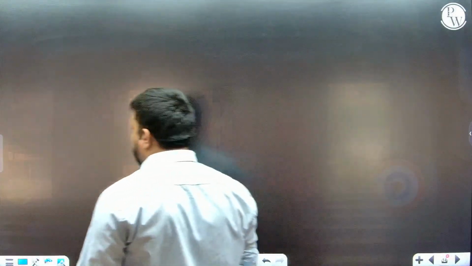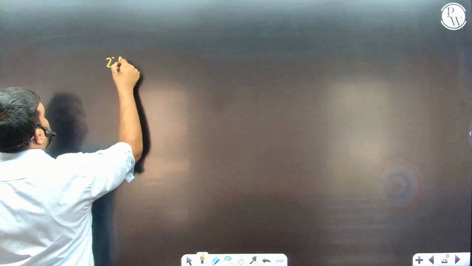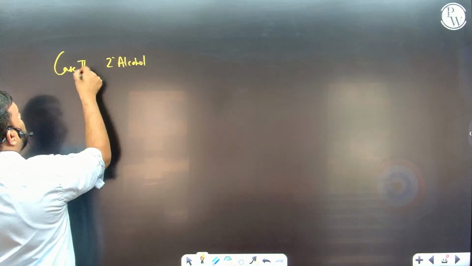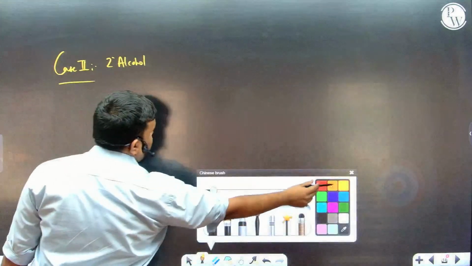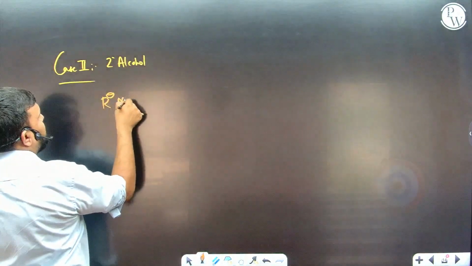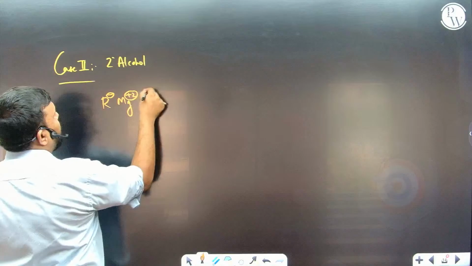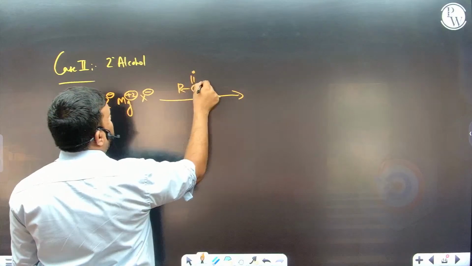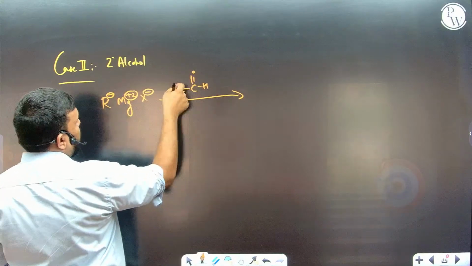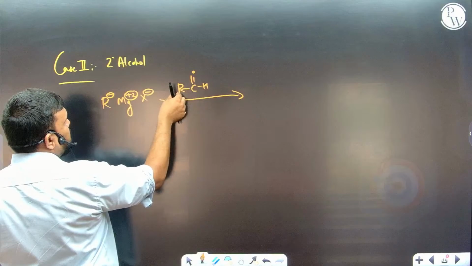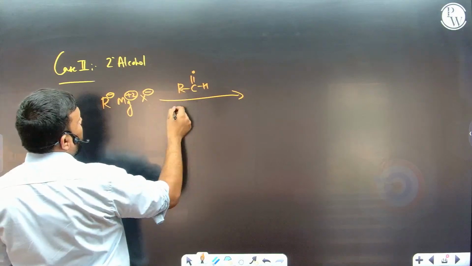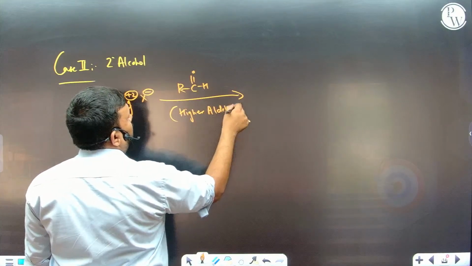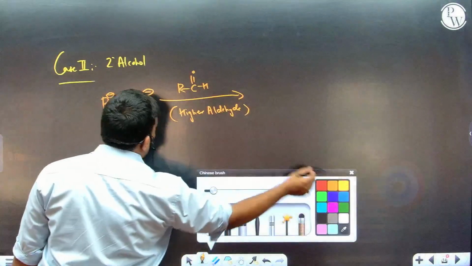Similarly, we can prepare 2 degree alcohol also. For the 2 degree alcohol, case 2, we react the Grignard reagent R-Mg+2X- with, this time, a higher aldehyde, RCHO. Here R is a higher group like CH3 or CH2CH3, which means R cannot be H. This is a higher aldehyde, and this R- again behaves as a nucleophile.